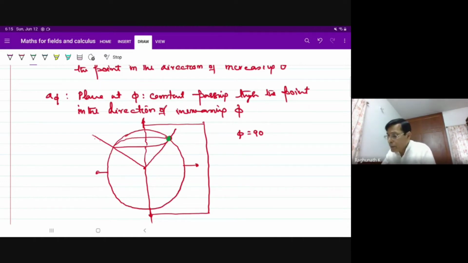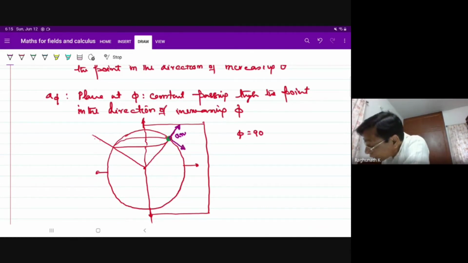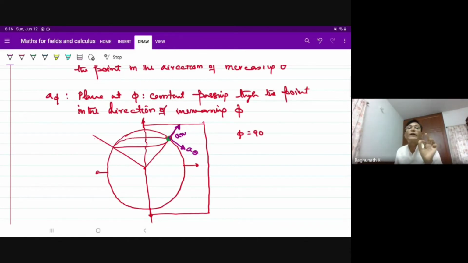What is the a_r component? This is a_r because at that point it is radial. What is a_theta? a_theta is perpendicular to the cone at this point, which is the tangent to the sphere, correct? a_theta can be considered as the tangent to the sphere, definitely, because it is perpendicular to r.